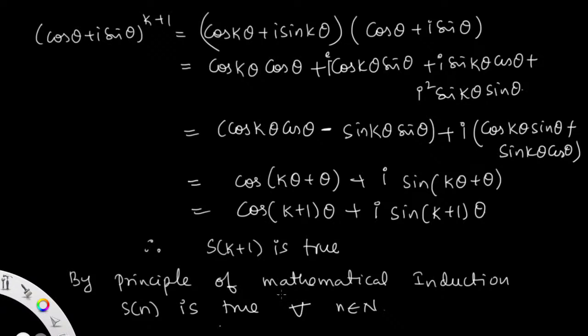Next we have to complete the negative integers also. Why? Because an integer means it can be positive or negative. So that's why one step remains.